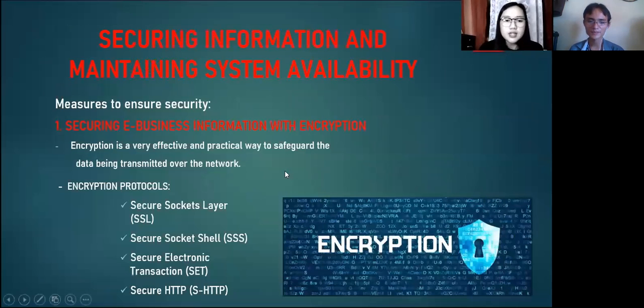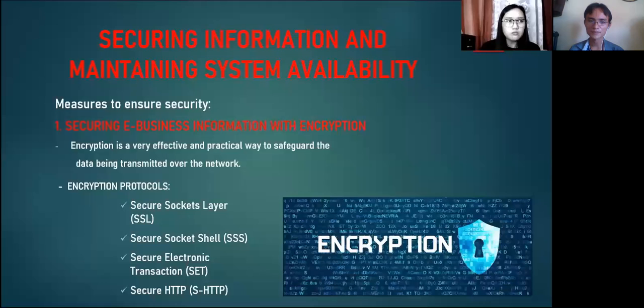The second risk associated with e-business is securing information and maintaining system availability. Security is basically an essential part of any transaction. Who wouldn't want security, right?